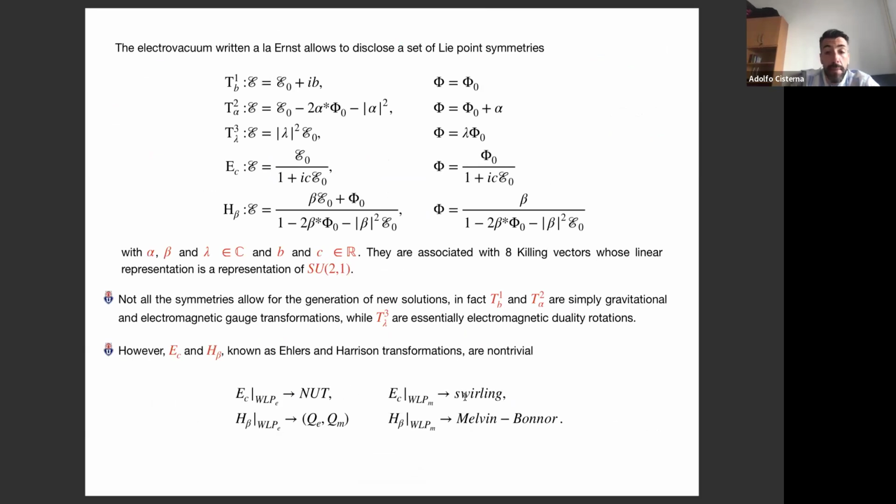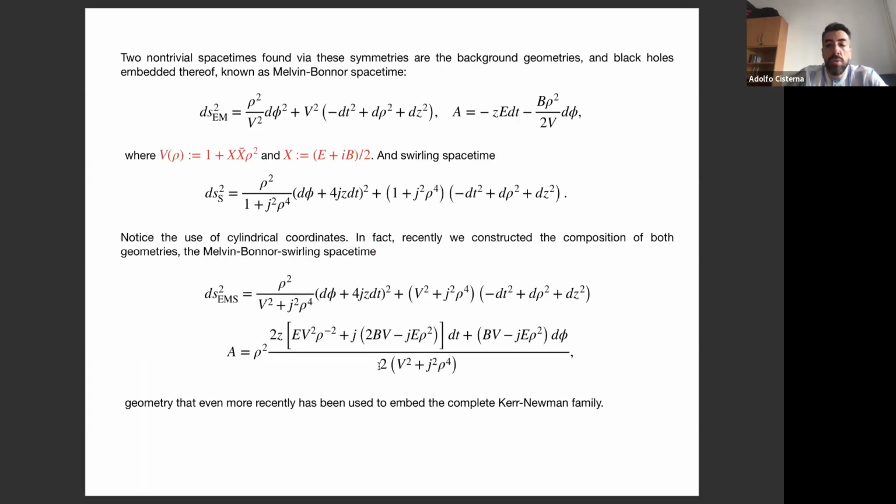And actually, Swirling and Melvin-Bonner are spacetimes with a very strange asymptotics. In terms of spacetime, they are known as asymptotically Levi-Civita spacetimes. So these are spacetimes with some degree of cylindrical symmetry. NUT is locally flat, and of course, Reissner-Nordström or Kerr-Newman is asymptotically flat. So you might be wondering, which novel spacetime has been constructed in this way?